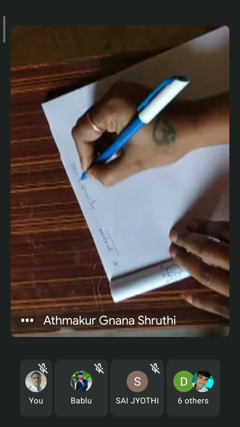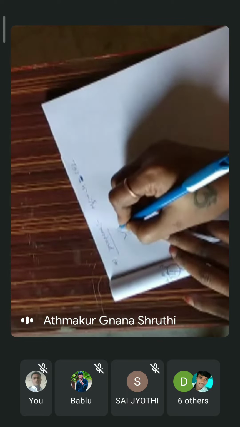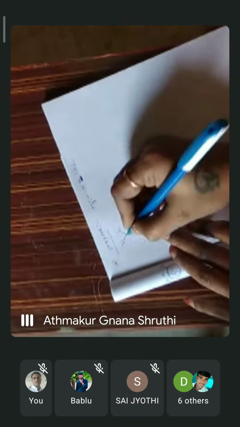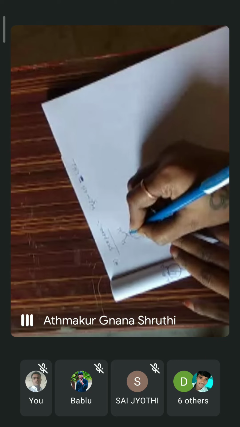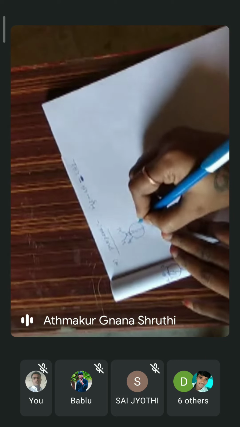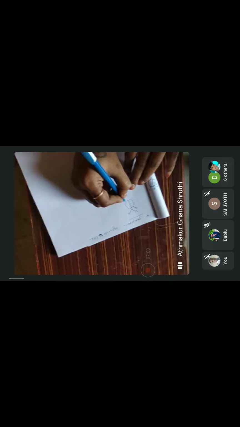So here we have a double bond to this one. So first CH2. So this is CH2. Now this is one CH. So this carbon has hydrogen. Now we have hydrogens, the same hydrogens, in the eclipsed manner.